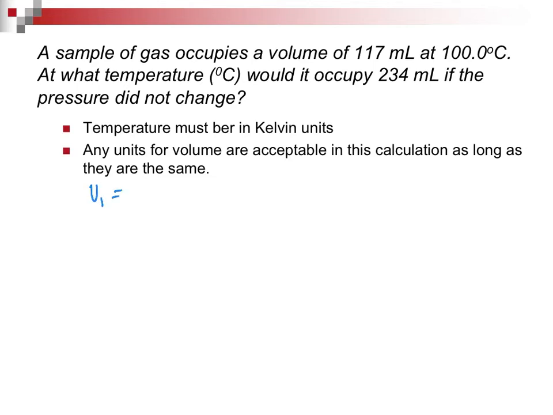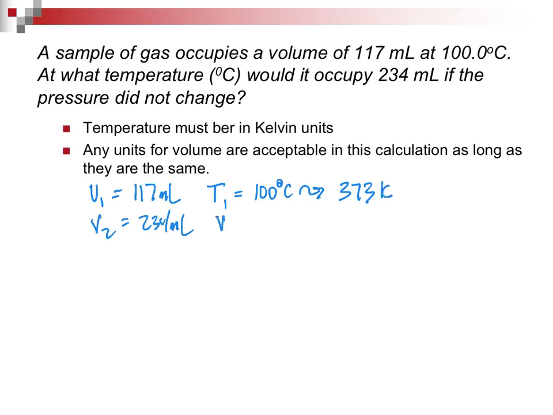V1 is equal to 117 milliliters. V2 is equal to 234 milliliters. T1, well, it's equal to 100 degrees centigrade, but I need to turn it into Kelvin, so I'm going to add 273 and have 373 Kelvin. What is my T2? That's what they're asking here. So I have my relationship.